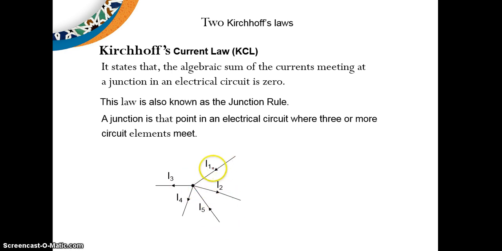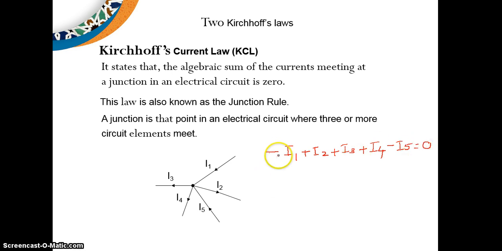So look here, I1 is entering current, so I will write it as minus I1. I2 is going out, you check the arrow mark, so it is plus I2. I3, arrow mark going outward, so plus I3. I4, again going outward, so plus I4. I5 is entering the node, so it is minus I5. The sum should be equal to 0.